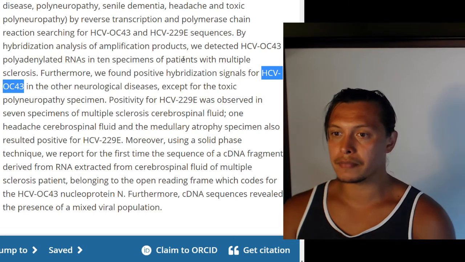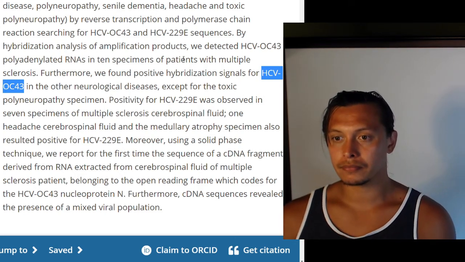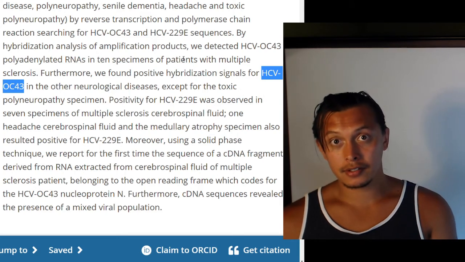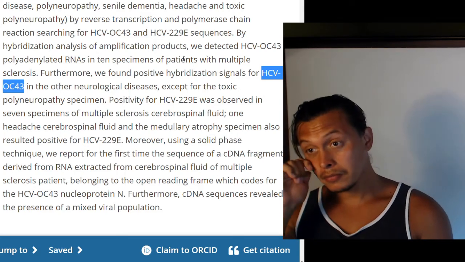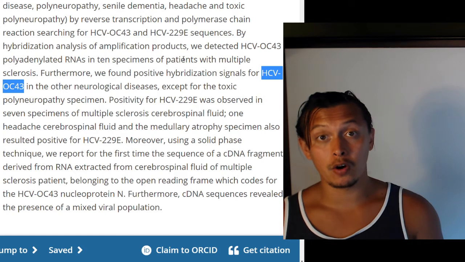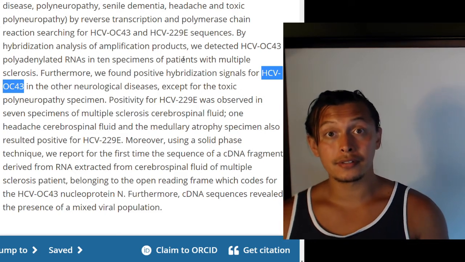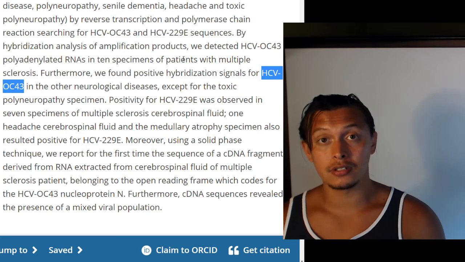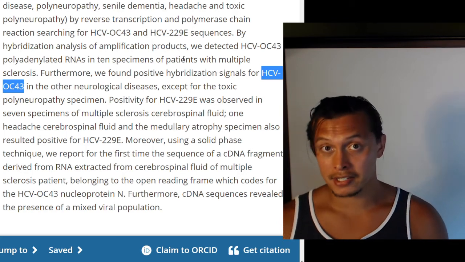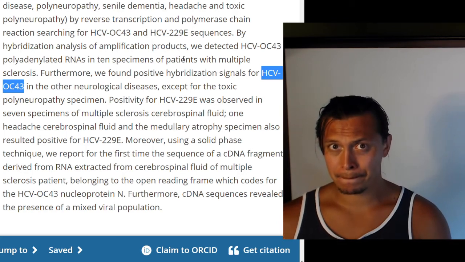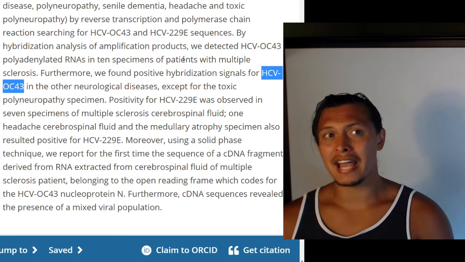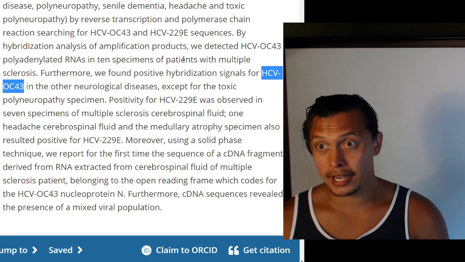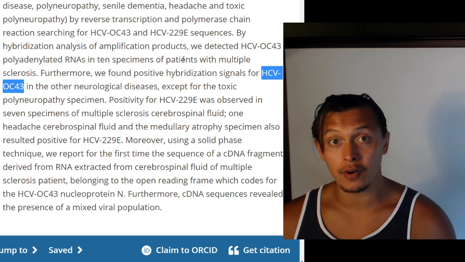Moreover, it might be that SARS-CoV-2 is going to be like HCOV OC43 on steroids, where it sweeps through the entire population. It's going to be nearly impossible to stop. And then we're going to lose immunity over and over again, like what happened with HCOV OC43.